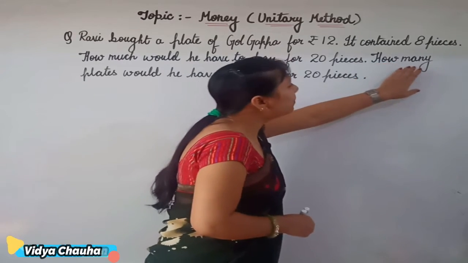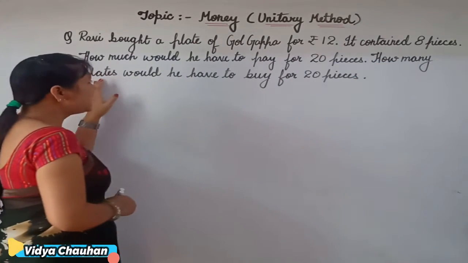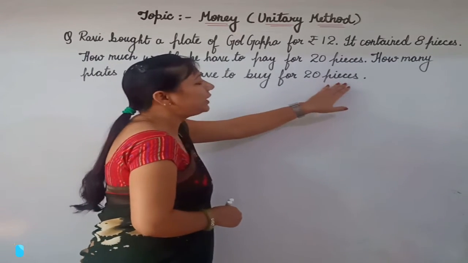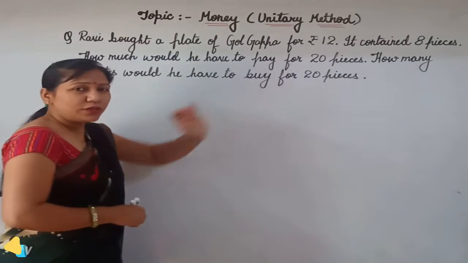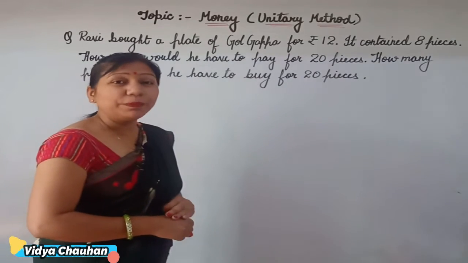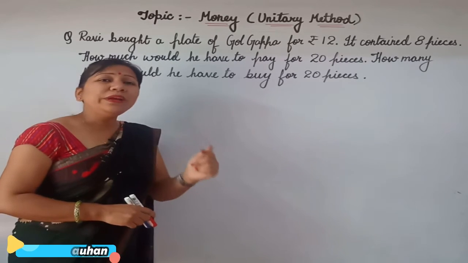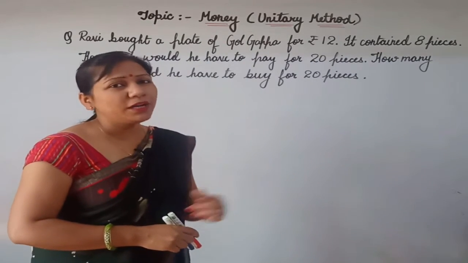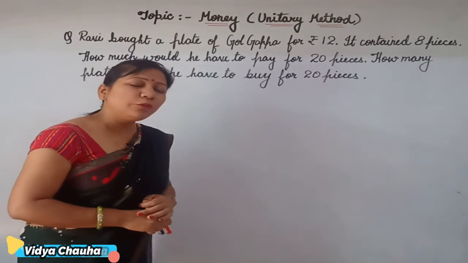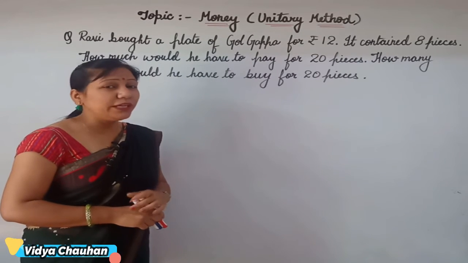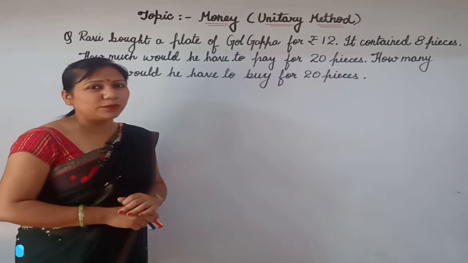Also, how many plates would he have to buy for 20 pieces? As Ravi wants to eat 20 pieces of Golgappa, so for those 20 pieces, how many plates he has to demand to the shopkeeper? That means how many plates of Golgappa he has to take if he wants to eat 20 pieces of Golgappa.